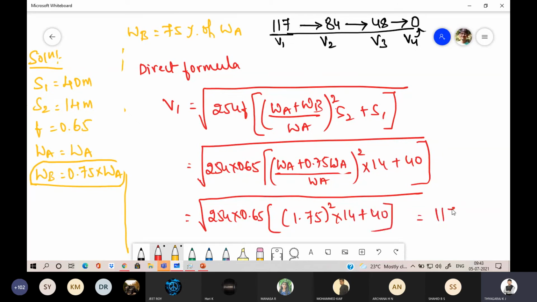Are we getting the same value? Yes, sir. Same value we are getting.